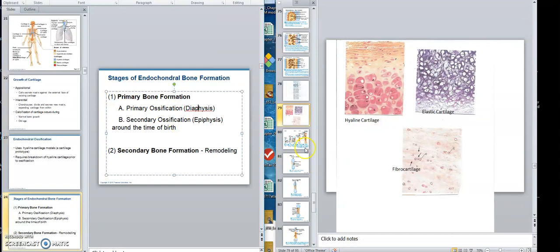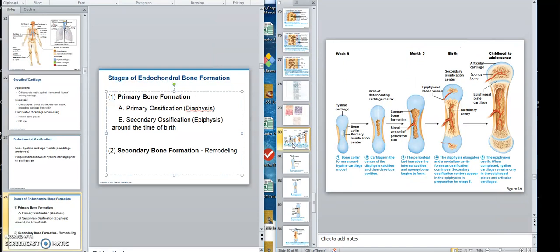Okay, let me come over here to this picture. Primary ossification is when you start making bone in the diaphysis. Secondary ossification is when you start making bone in the epiphysis. The secondary occurs around the time of birth.